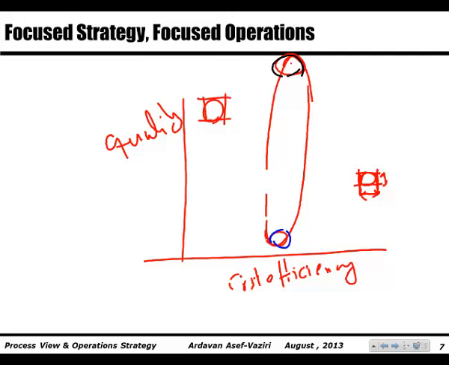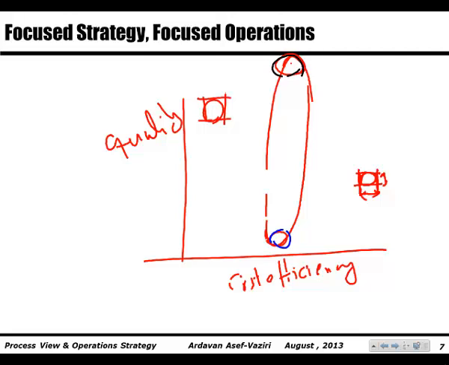A focused organization has all its products high quality or average quality, high cost, average cost, or low cost, high responsiveness, low responsiveness, or average responsiveness, high variety, average variety, or low variety.